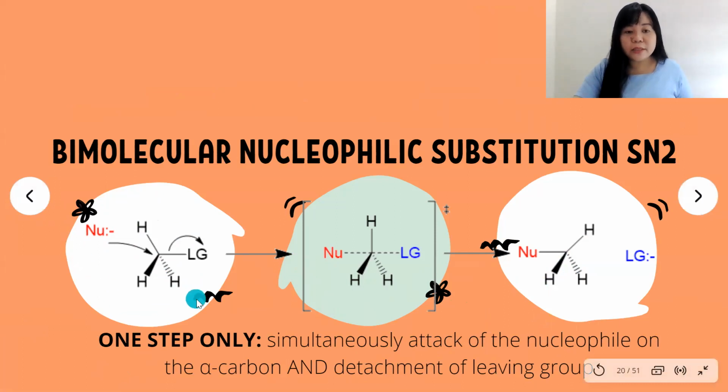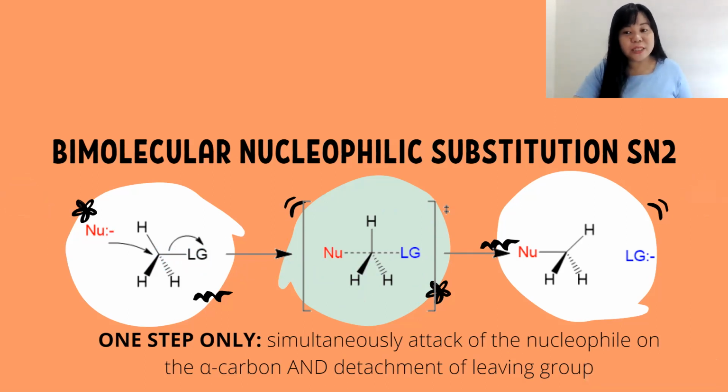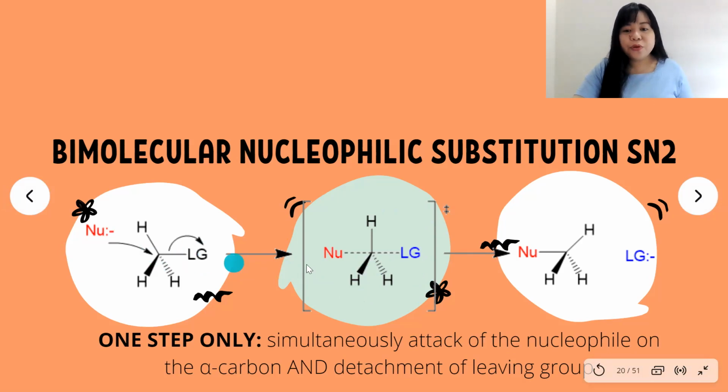All in one step, the nucleophile attacks the alpha carbon, and because of that attack, the leaving group also leaves almost simultaneously. So do not be deceived by the two arrows here, because this structure is not a reaction intermediate, rather it's the transition state. So this whole mechanism is just one step.